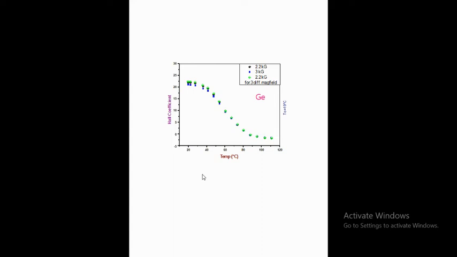We see from the graph that the Hall coefficient is nearly constant around room temperature, 20 to 30 degree centigrade. It is almost flat, and after that it decreases gradually, and above 90 degree centigrade it remains almost flat again. This is for the germanium p-type sample we have used.